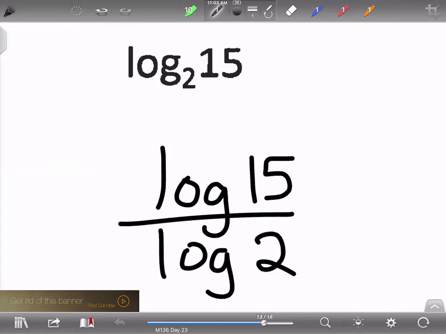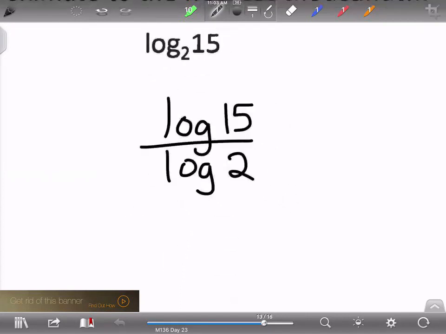So log 15 divided by log 2. Again, our instructions say to round to the nearest thousandth, so we're going to have 3.907. That 6 rounds up because of the 8 that follows after it.